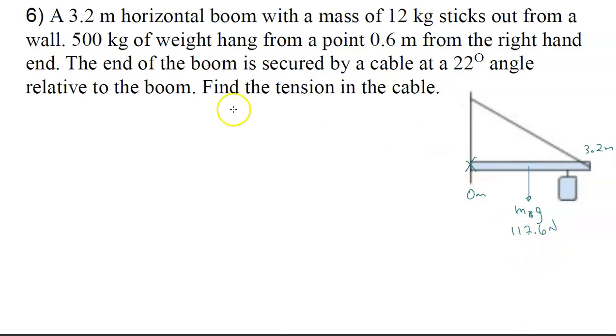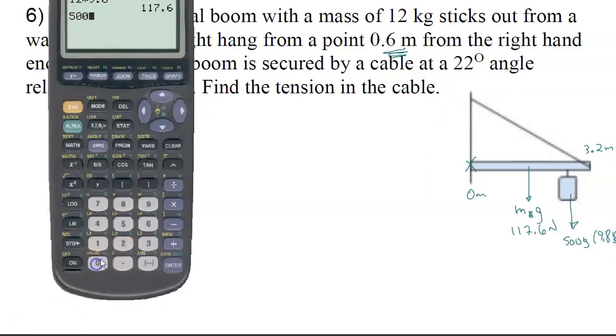Now there's also something else hanging on here. I got 500 kilograms. That is 0.6 from the right hand side. So that's some downward force right there. I got 500 kilograms times 9.8 meters per second squared, and I think that's going to be 4,900, but let's make sure. 500 times 9.8, 4,900 newtons, like that.